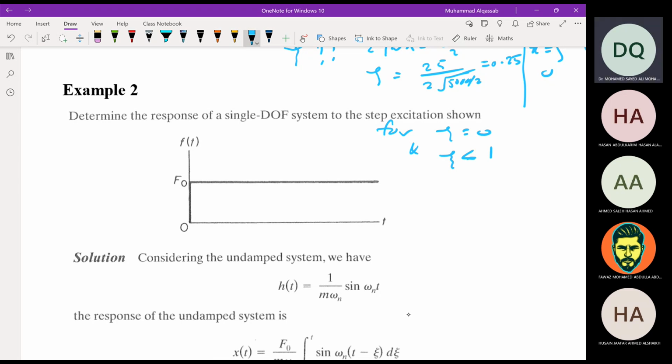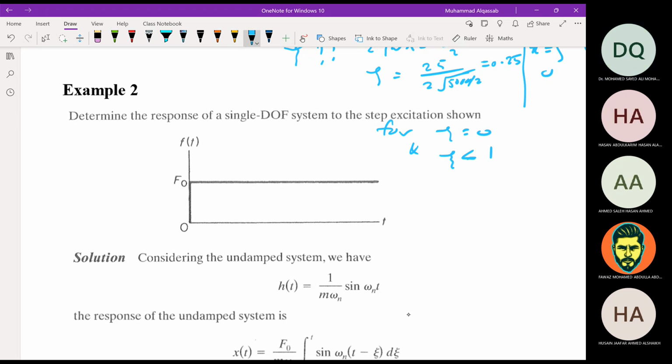So x also varies from 0 to 2 f naught over k. f naught over k is called the statical deflection. It's the same as delta.